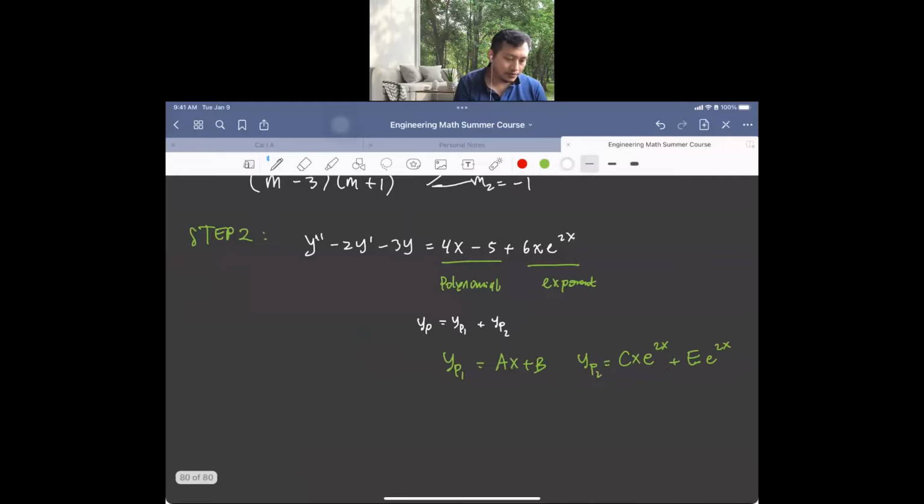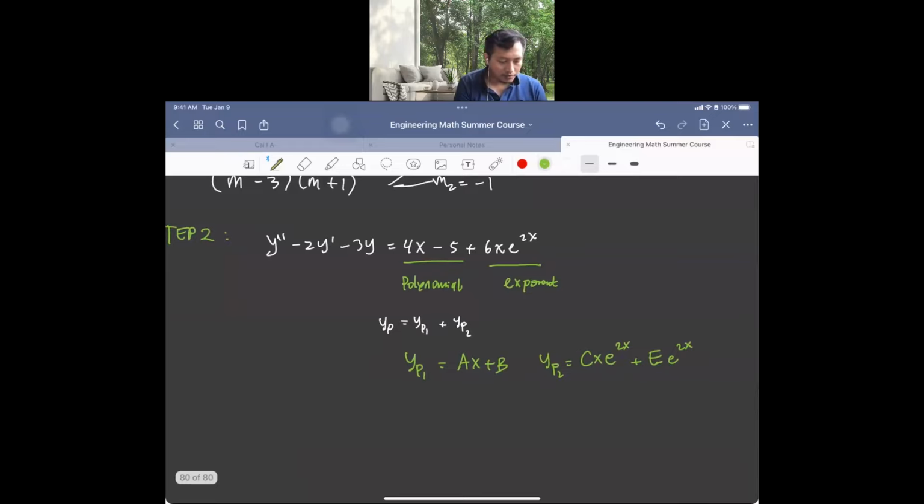So why do we need two constants, c and e, from the exponent? Because if we think clearly, if we take the derivative of the product x e to the 2x, it will result in 2x e to the 2x plus e to the 2x.